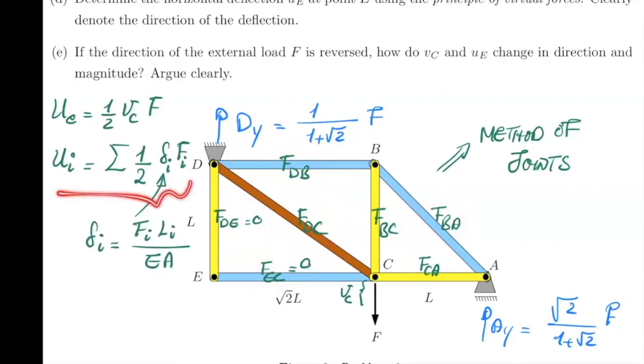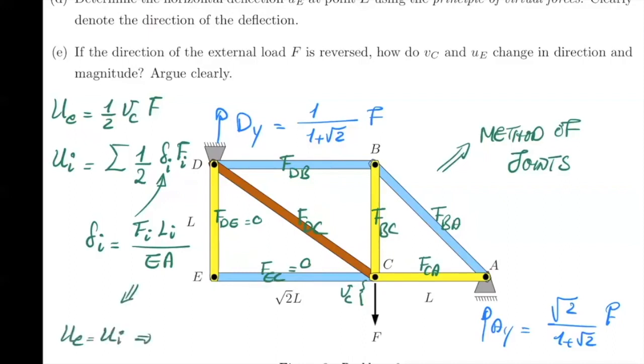So you calculate your internal energy, you calculate your external energy with respect to VC, you set them equal. And if you do that, you can calculate your deflection at point C. So you would say UE equals UI.